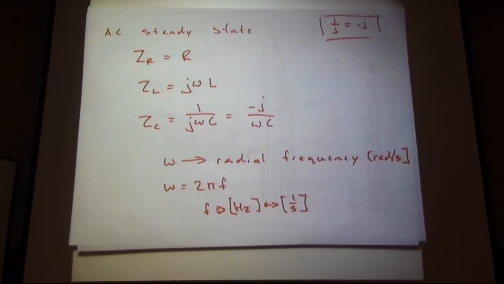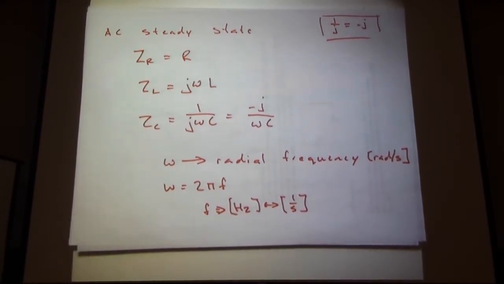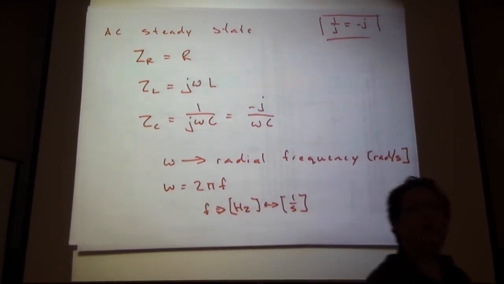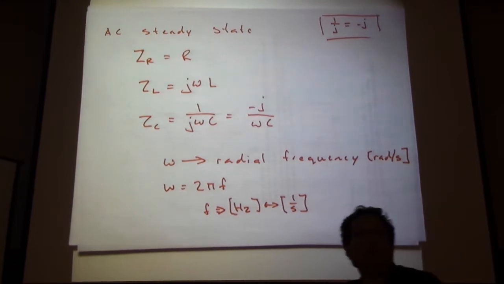We can actually look at these and make some observational comments that are consistent with things we did in Unit 2. For example, as omega goes to 0, what is that equivalent to? If the radial frequency is going to 0, what type of solution do we have? What does omega equals 0 correspond to? That's the DC steady state.